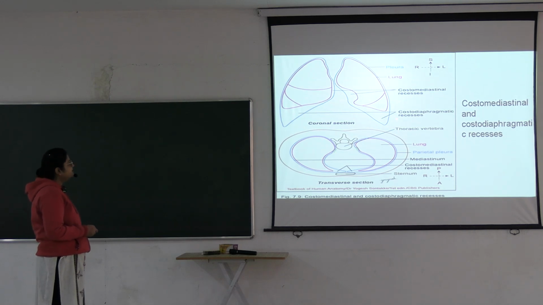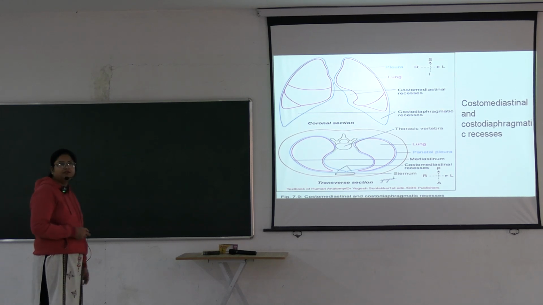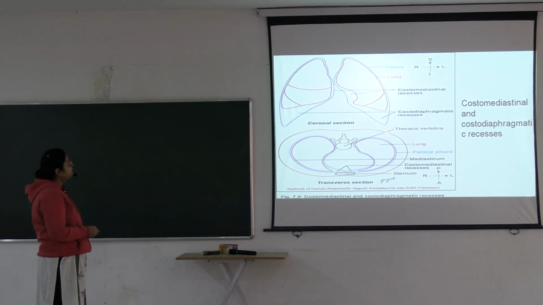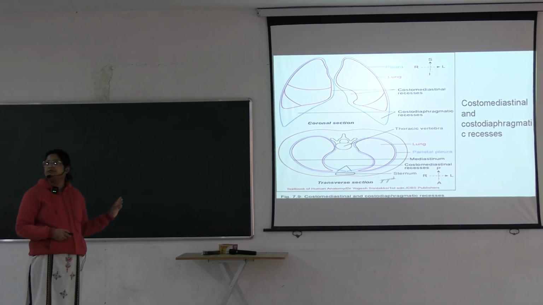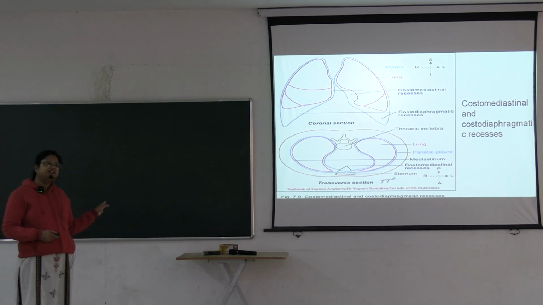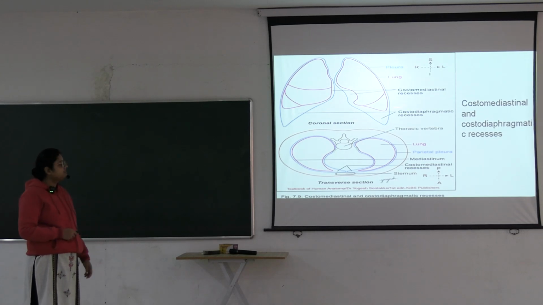Large spaces are formed between the parietal and visceral pleura in these two regions, and fluid accumulation occurs in the costodiaphragmatic recess. It is the lowermost position of the pleural cavity. That's why it is the dependent part, and any fluid accumulation occurs in this costodiaphragmatic recess.